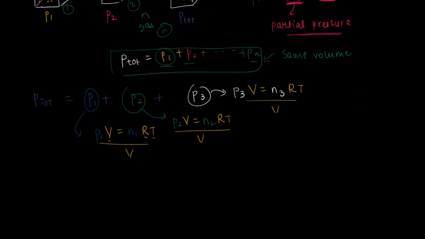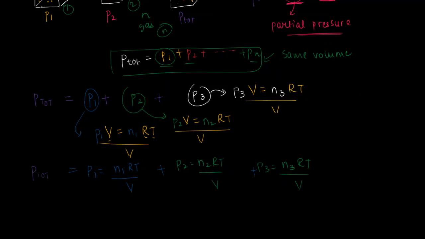P1 is equal to N1 RT over V, P2 is equal to N2 RT over V, and P3 is equal to N3 RT over V. These are the partial pressures when you inserted N1, N2, N3 amounts of these gases in a container having the same volume. And when you add all of these together, the sum is equal to the P total that you have.